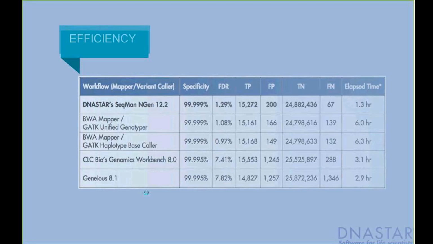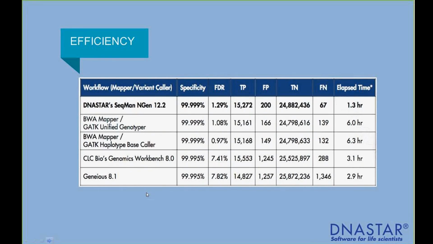If you've got a set of SNPs in a data set, you can run it through our accuracy workflow, and it will produce the same numbers for false positive detection as well as overall accuracy. So this is just a table here that shows how efficient we are compared to some of the more common genomic software pipelines.